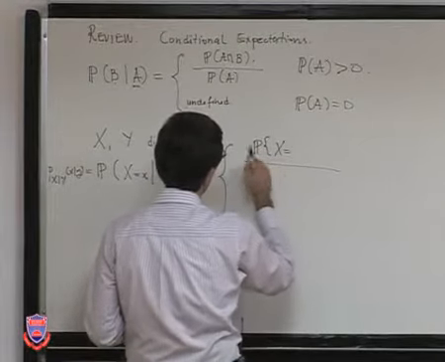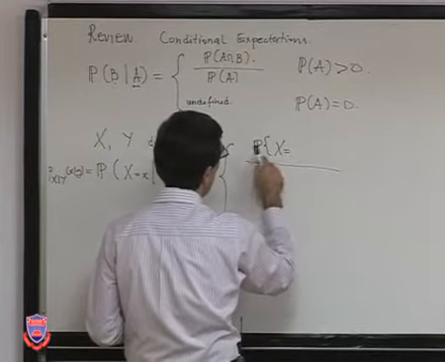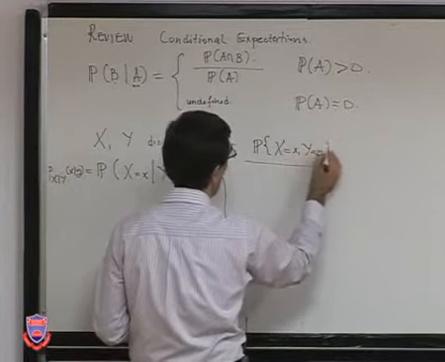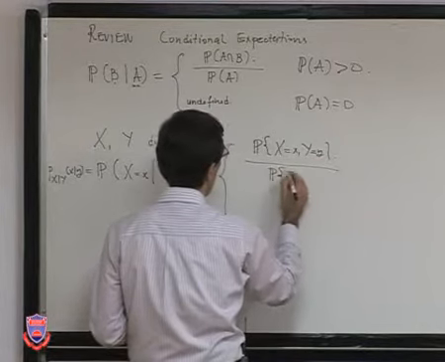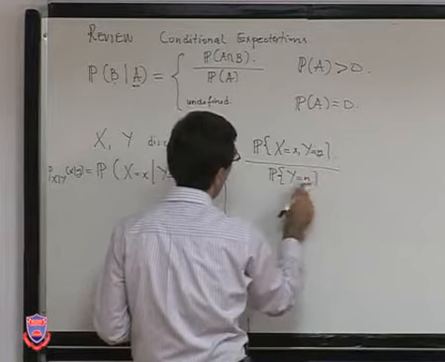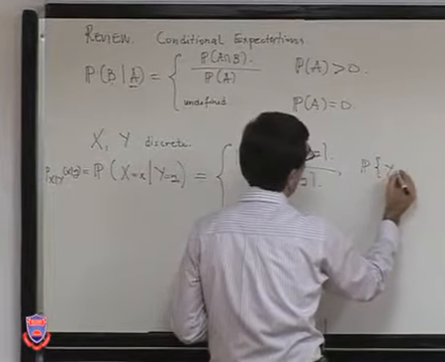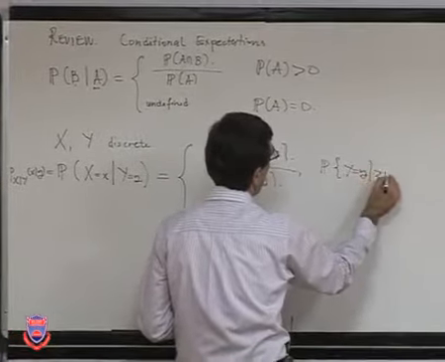This is the ratio of the unconditional probability that x equals little x and y equals little y, divided by the probability that y equals little y, whenever the probability that y equals little y is positive.